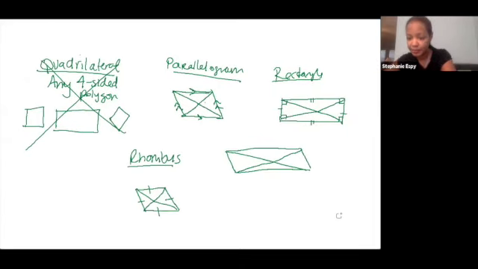Which means if the length of this pool is 10 yards and we're adding a yard here, so from here to here is 10, but we're adding a yard here. How many total yards is the deck? That should be 12.